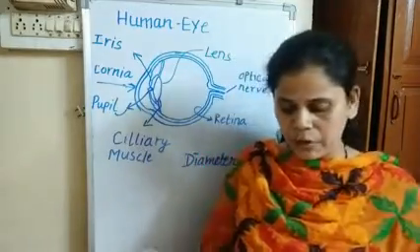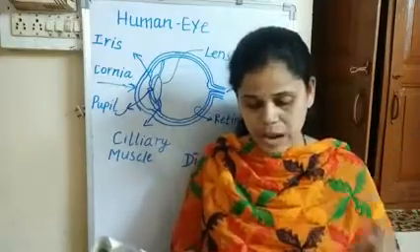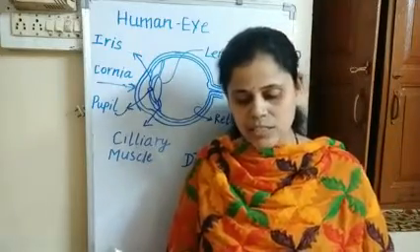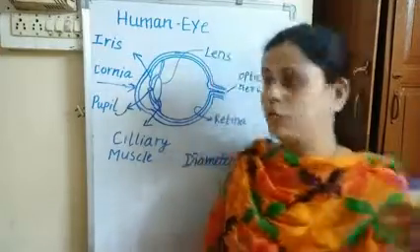If the light falling on the eye is too bright, then the pupil contracts, while if the light is dim, it widens. When too much light enters, it contracts, and when low light enters, it widens. Understand?